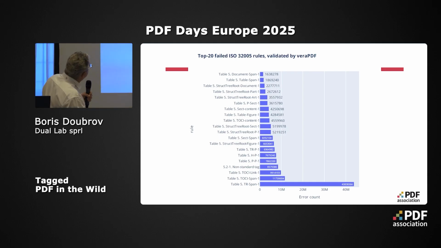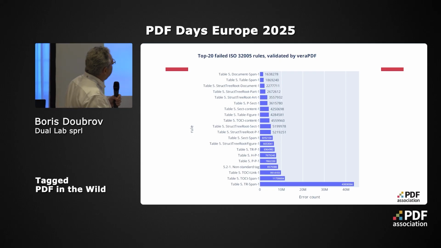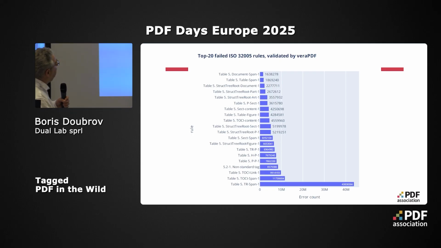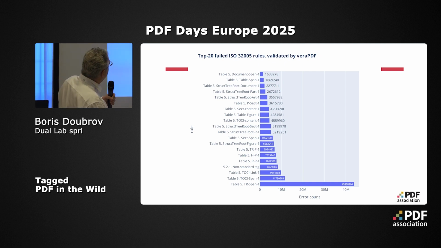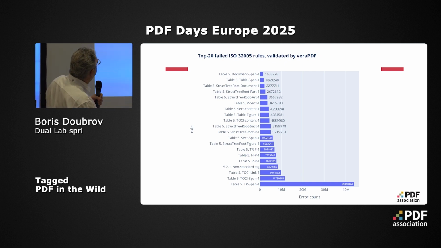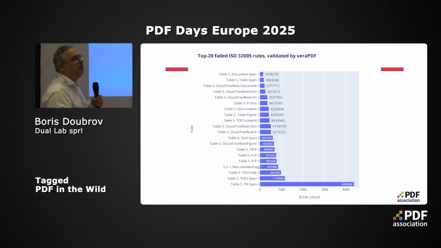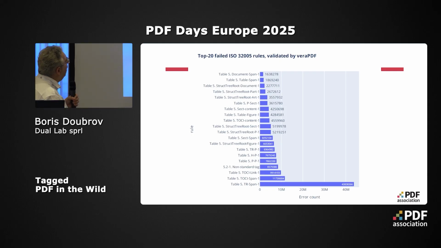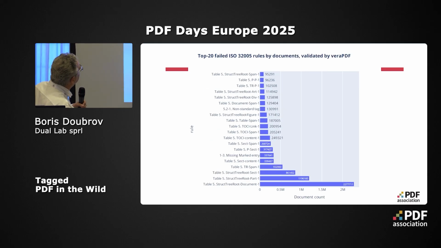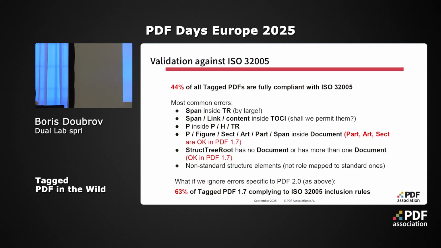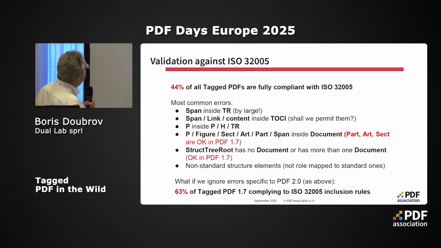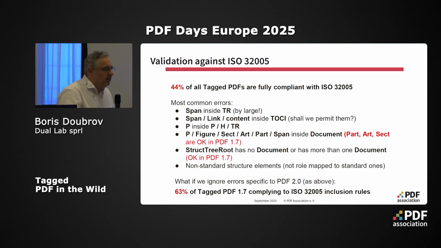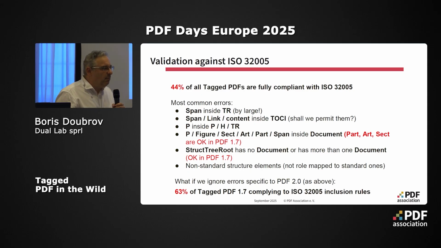And well, here's the top 20 errors. So we see here at least what people are doing now. And we have figure and P put directly into the structure tree root, even if it's kind of forbidden. Well, maybe there is this analysis here that is more understandable than these tables. So span inside TR, that's maybe the most typical thing. Inside TOCI, people think that you can just put any inline elements inside TOCI.